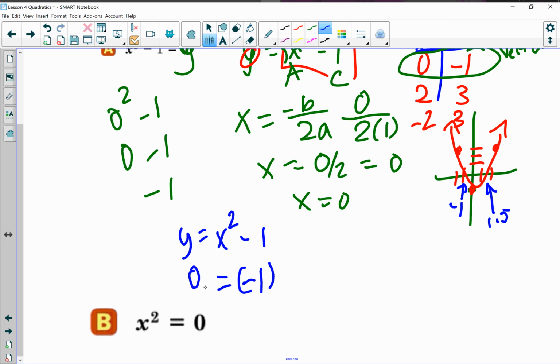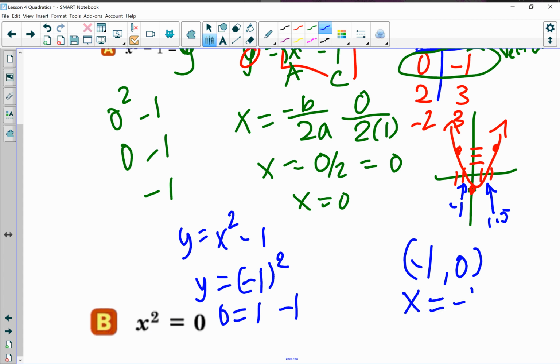If I plug in -1, square it, I get 1, and 1 minus 1 is 0. So my y is 0. So at -1, I get a 0 for my y. So my x-intercept is x equals -1, because when I plug in -1, I get 0 for y.